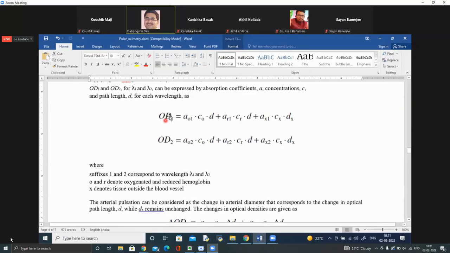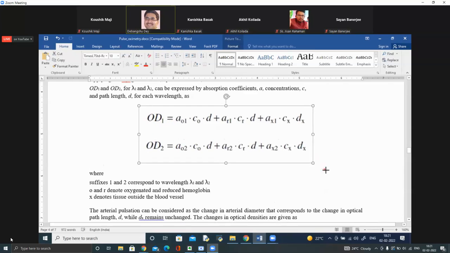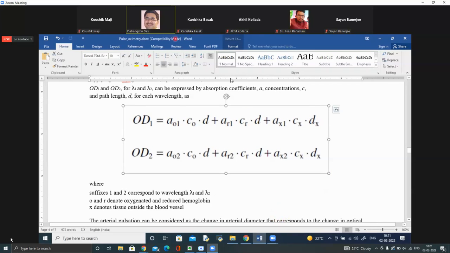So OD1, at one particular wavelength, is ACD for your oxygenated blood, plus ACD for the reduced oxygenated blood or hemoglobin. So O for oxygenated hemoglobin and R for reduced or deoxygenated hemoglobin.